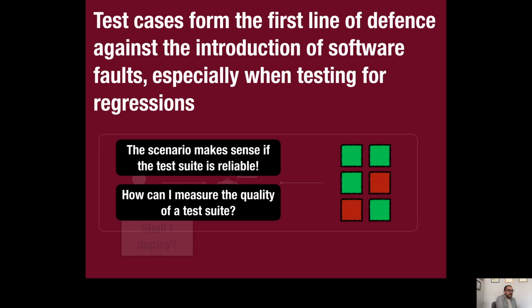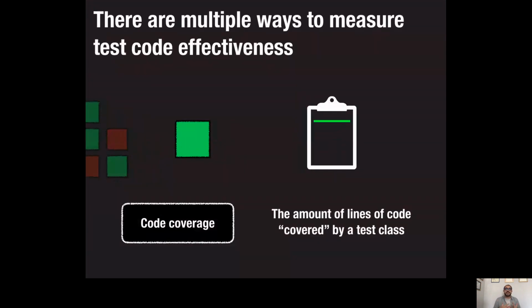Now, you are probably aware of the concept of code coverage, which is the key metric for measuring the quality of a test suite. Code coverage simply measures the amount of lines of code which are exercised by a certain test case.